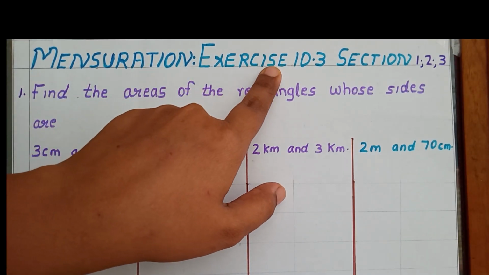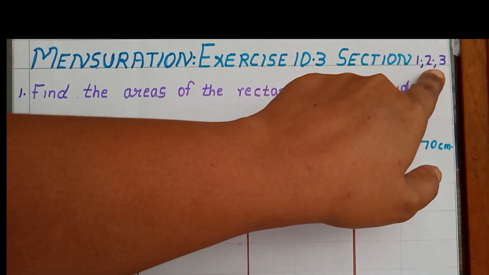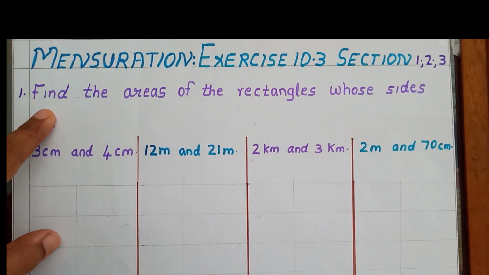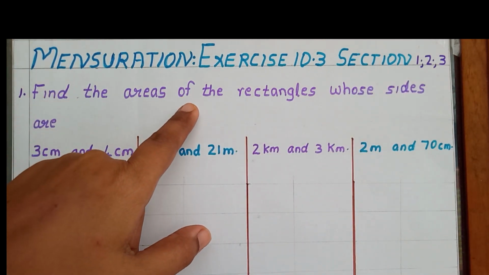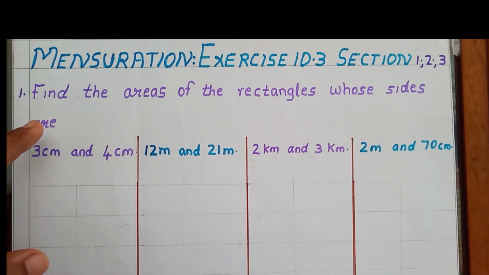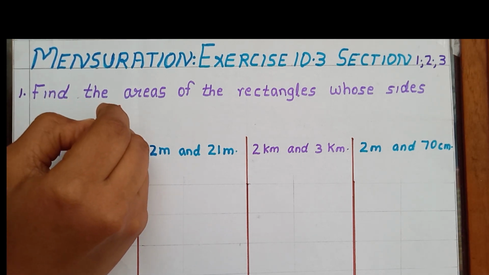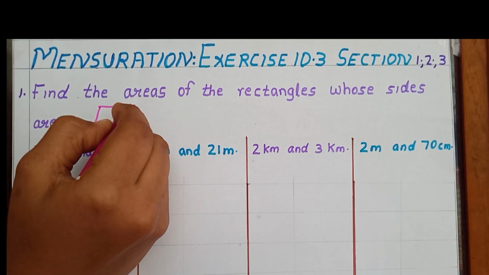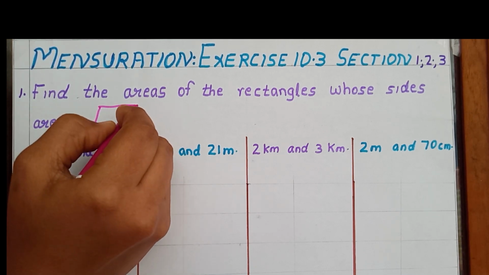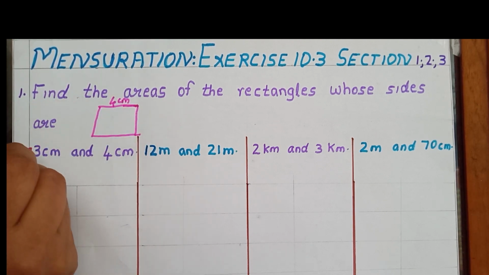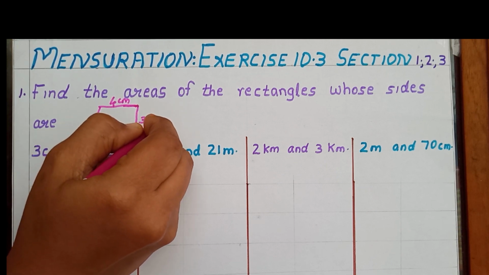In exercise 10.3, sections 1, 2, 3, we can do sections 1, 2 and 3 in this class. The first question says: find the areas of the rectangle whose sides are 3 centimeter and 4 centimeter. So imagine that this is our required rectangle, and this is 4 centimeter and this side is 3 centimeter.